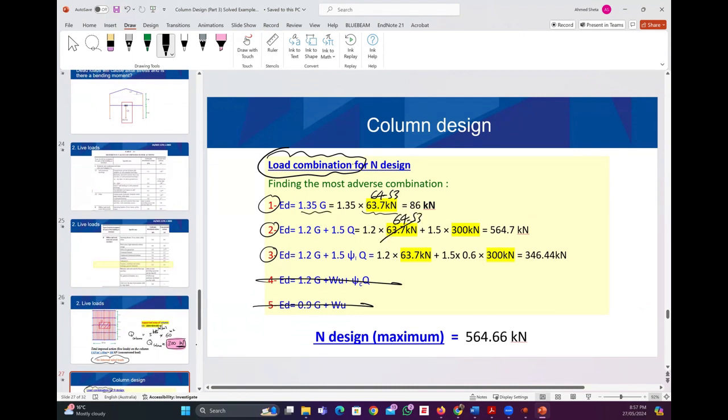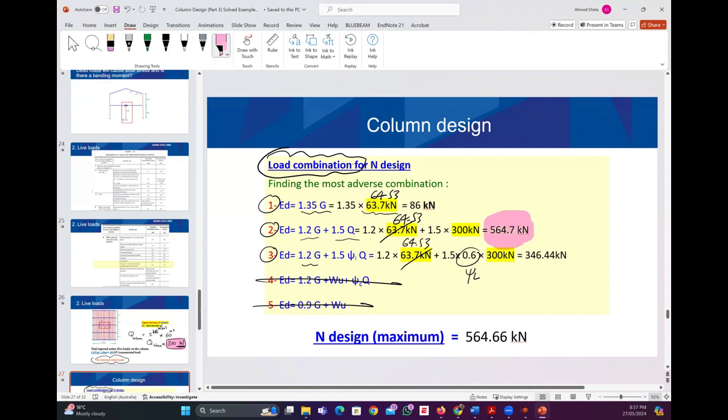1.35 G, 1.2 G plus 1.5 Q, and 1.2 G plus 1.5 Psi L, with Psi L 0.6, times 300. So what is the maximum load? 564.7.